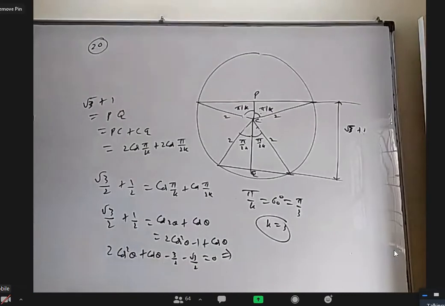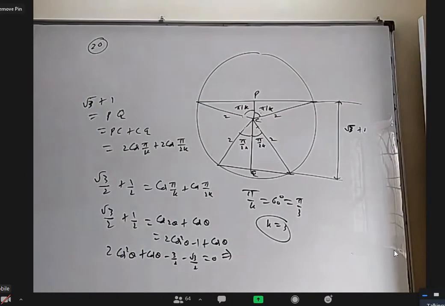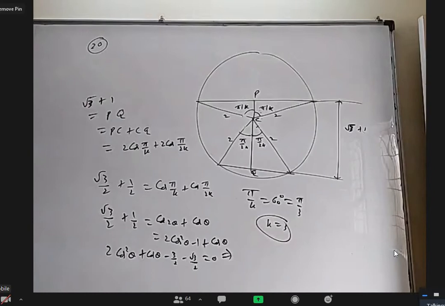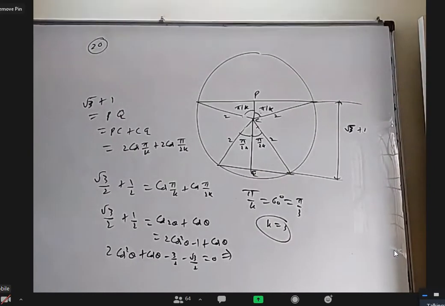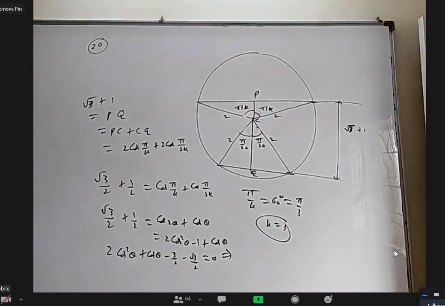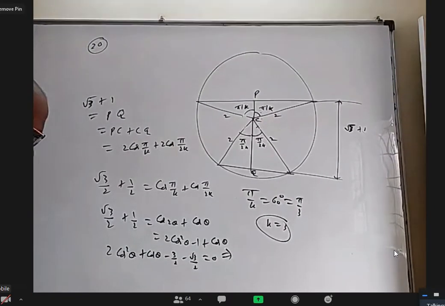I want cos theta equal to, I took the smaller angle, so cos theta equal to root 3 by 2 should be satisfying. Yes, it does.